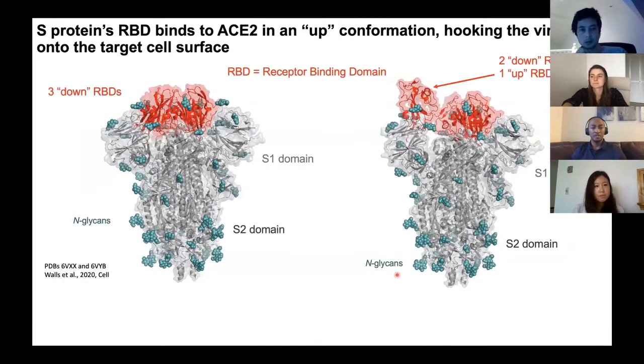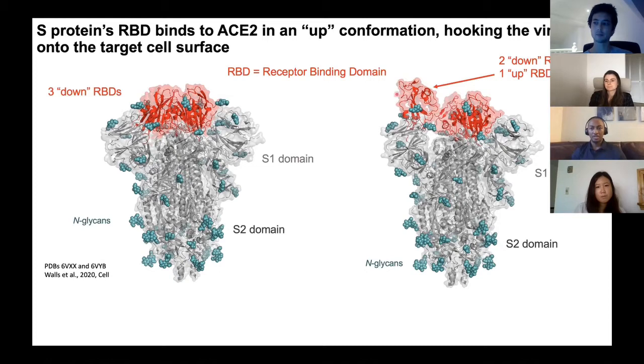If we take a closer look at the spike glycoprotein, you can see the first conformational change that it must undergo. Shown here on the left, you're looking at the viral spike protein with its RBDs shown in red in this closed conformation. But in order to interact with the ACE2 receptor, these RBDs have to flip up and expose the ACE2 receptor binding motif here at the tip, which then allows it to interact with these cells.